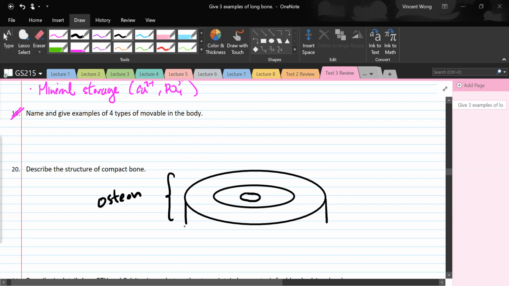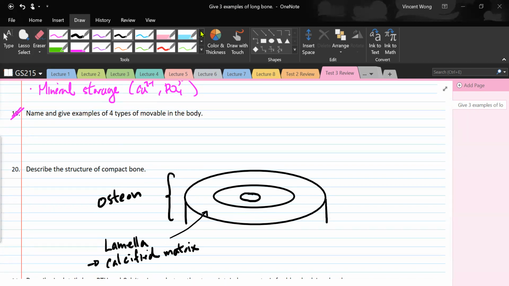The material that makes up the osteon is the lamella, right, which is the calcified matrix. That's the part where you store the minerals, right? You have the calcium salt and the phosphate salt.